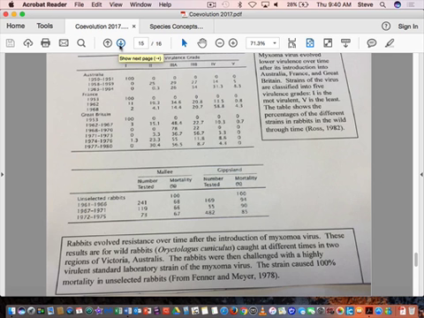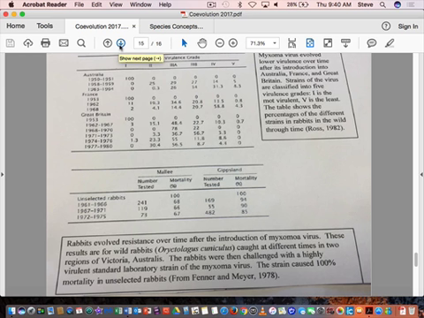They then, I'm not sure, this would not happen anymore, okay? Don't get me wrong, we probably wouldn't be doing this anymore. But what they did, they then introduced this extremely virulent strain into the Australian rabbits, okay? Guess what happened? A lot of them died, okay?